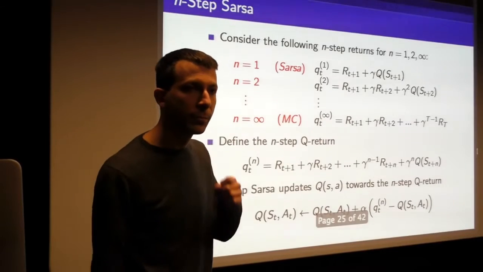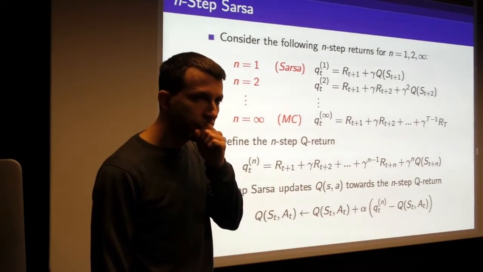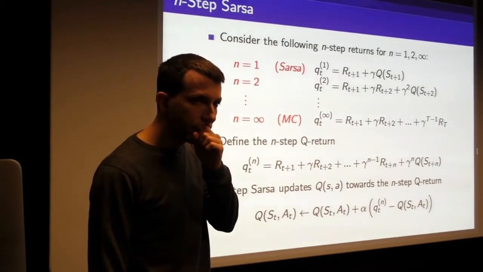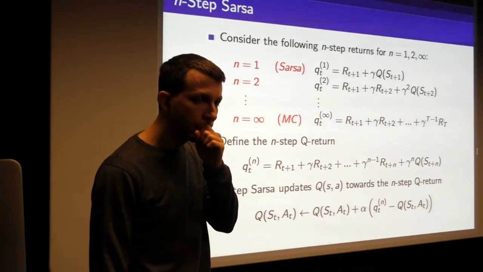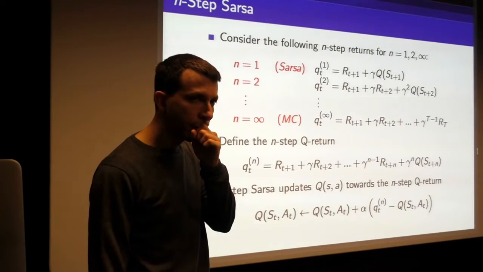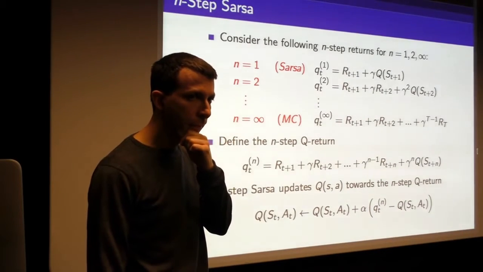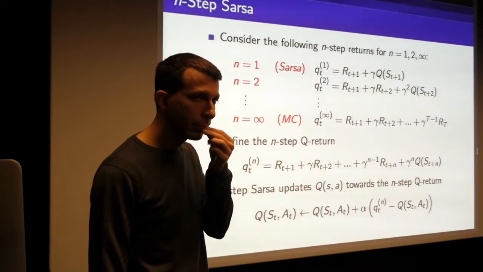So I want to ask, just as a reminder, the Q function represents the estimate of the whole trajectory from S_t using action A_t, right? Not trying to estimate only the one step? Yeah, that's right.